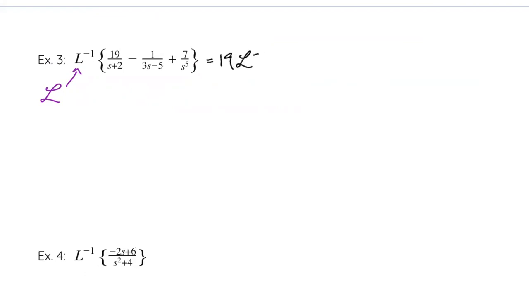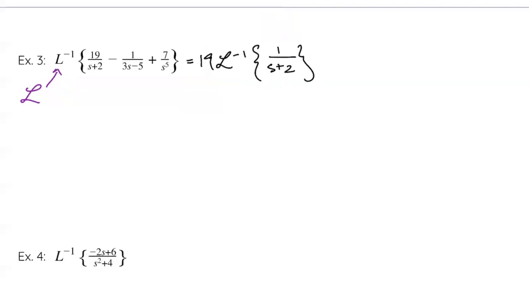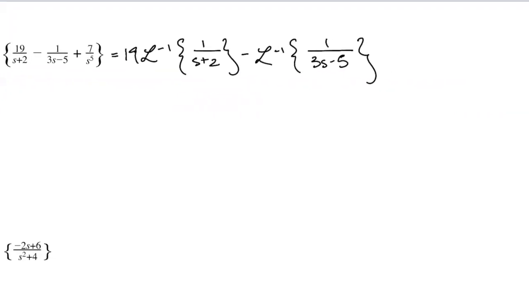19 inverse of 1 over s plus 2, minus inverse of 1 over 3s minus 5, plus 7 inverse Laplace of 1 over s to the 5th.